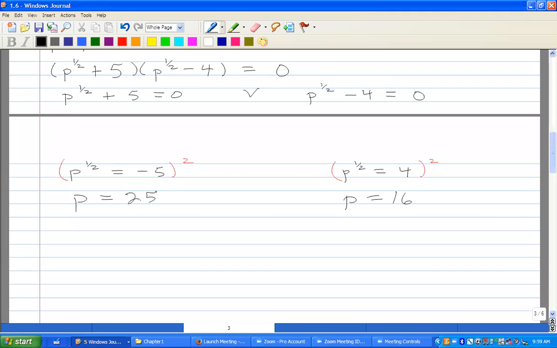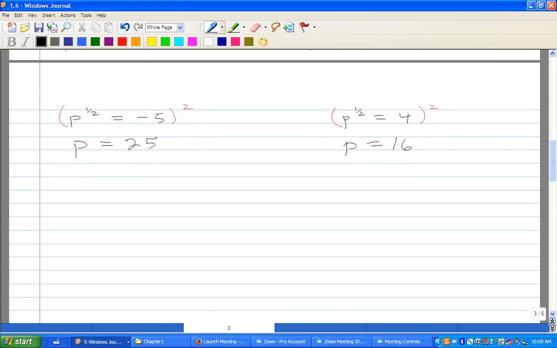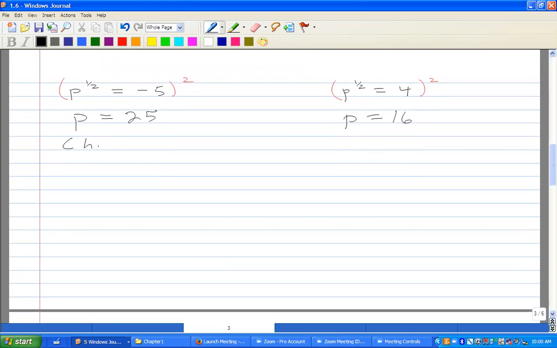Recall that whenever we have a radical equation, I must check. So let's check if each of these are solutions to my original equation. Is p plus p to the 1/2 minus 20 equal to 0?